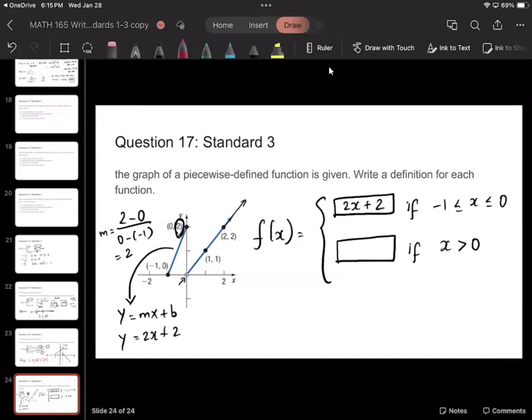Now let's do the equation of the second line. For this line, the y-intercept is 0. What is the slope? y2 minus y1 over x2 minus x1 is 1. So this is the equation. I don't have to write 1x, it is just x. So I take the x and put it here. I don't have to put the y equals because the f of x equals takes care of that. So this is the equation of the piecewise function.